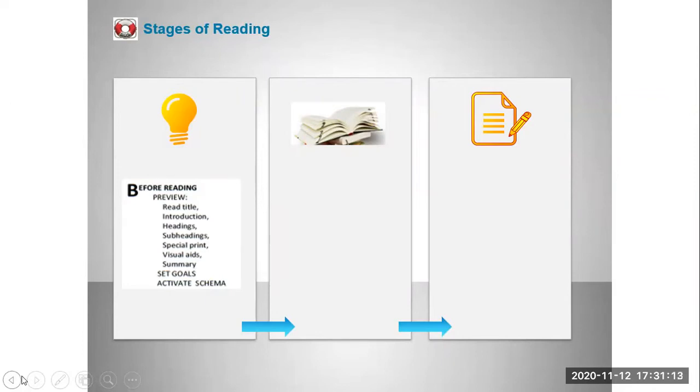Part of this is before you read, you set some goals for yourself. Okay, first time, my goal is just to read to understand. Second time, okay, I need to read to see what's important. And as you're reading, we're going into what's called activating schema.